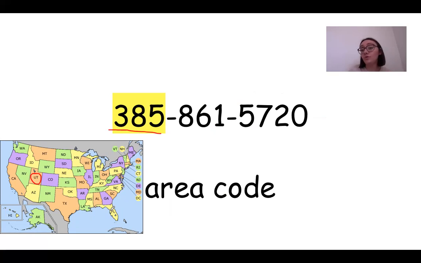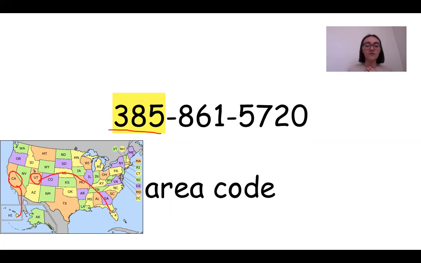Now, when you move to a new state, so say you moved from Utah all the way over to, let's say, Florida, or you moved from California all the way to Hawaii. If you got a phone number in California and moved to Hawaii, you would keep your phone number if you didn't get a new phone.